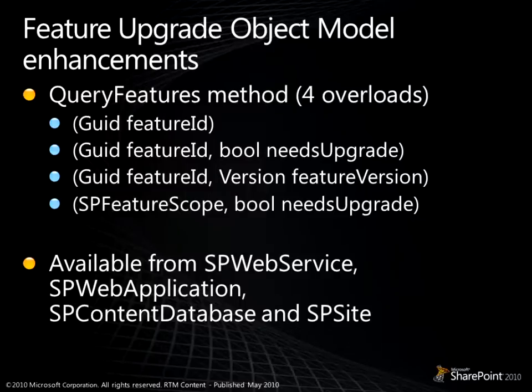If we request the features at the web application level, it finds all features with the given ID in all content databases of the particular web application. If we request the features from an SPContentDatabase object, it returns those features to be updated within that particular content database. And obviously, if we use the same method from the SPSite scope, it will give us those features which we can update or which are present within the site collection level.